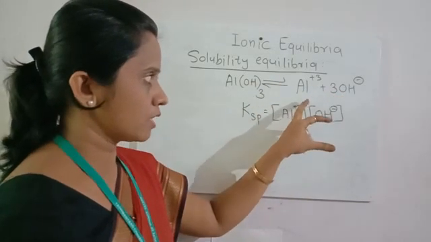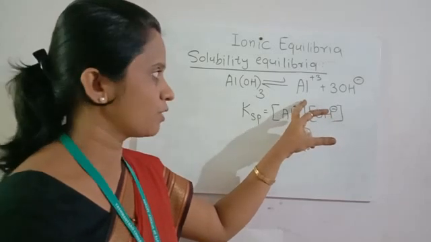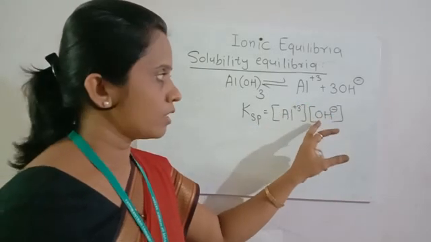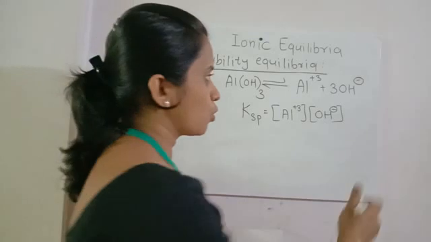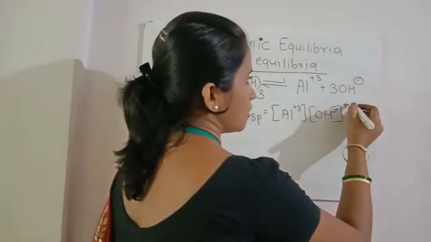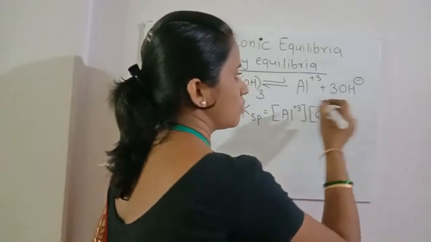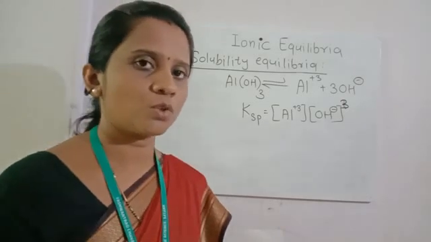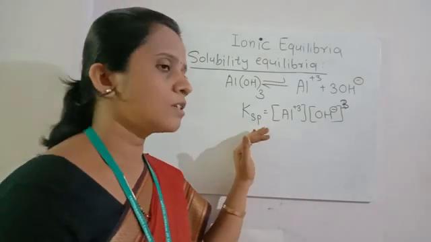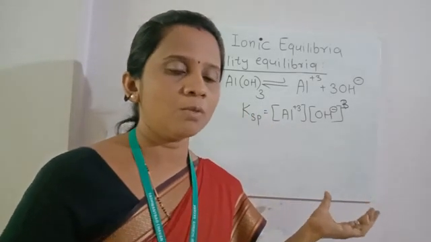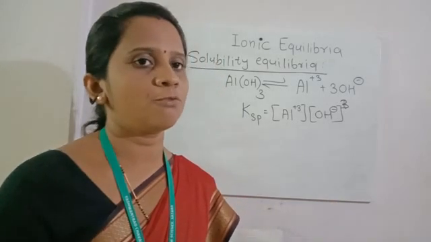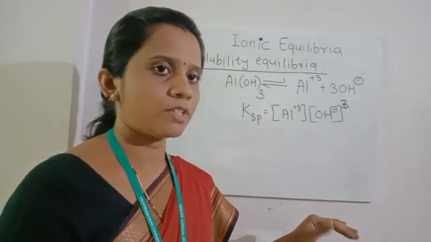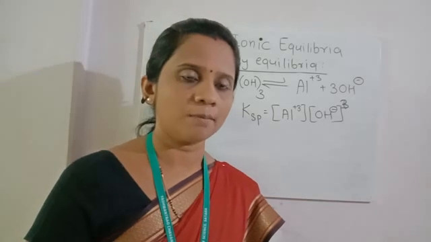So for Al plus 3 the coefficient is 1, so we don't have to write that here. And for OH minus the coefficient is 3, so here you can write 3. Okay. In this way we can write the solubility product expression for any of the solubility equilibria.